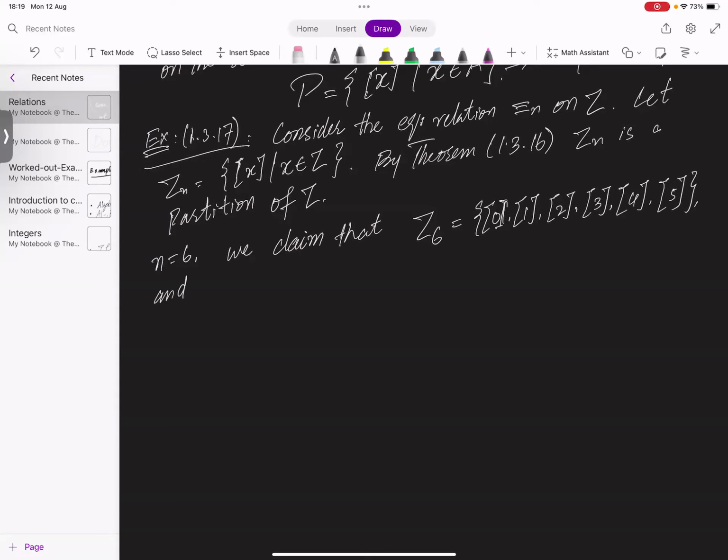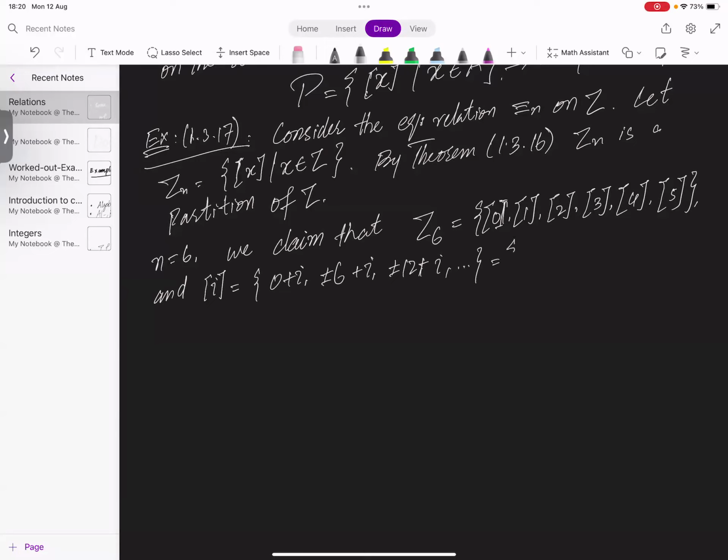The equivalence class for i is 0 plus i, minus 6 plus i, 12 plus i, and so on.